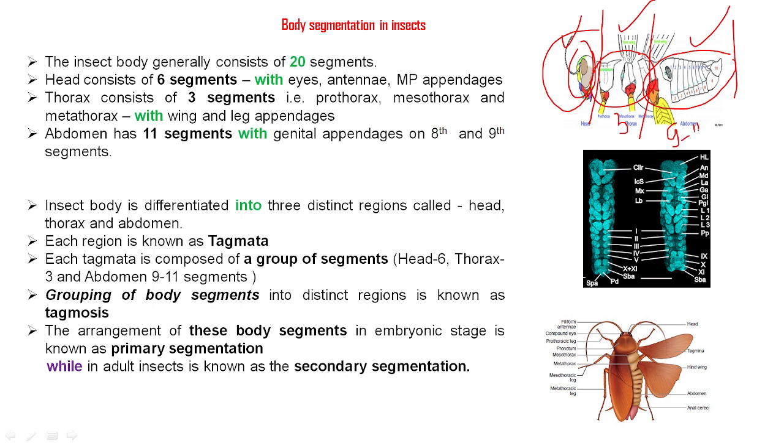Grouping body segments into a distinct region is known as tagmosis. The arrangement of the body segments in the embryonic stage is known as primary segmentation, while in the adult insect it is known as secondary segmentation.